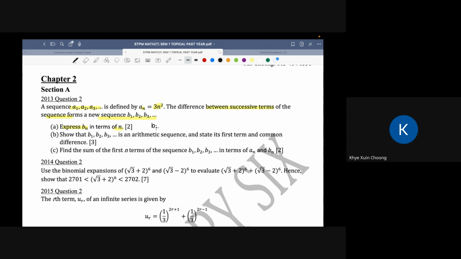So by looking at the pattern, Bn should be A(n+1) minus An. That gives 3(n+1) squared minus 3n squared. Then you further simplify, you will get the formula of Bn. Just expand this and simplify it.